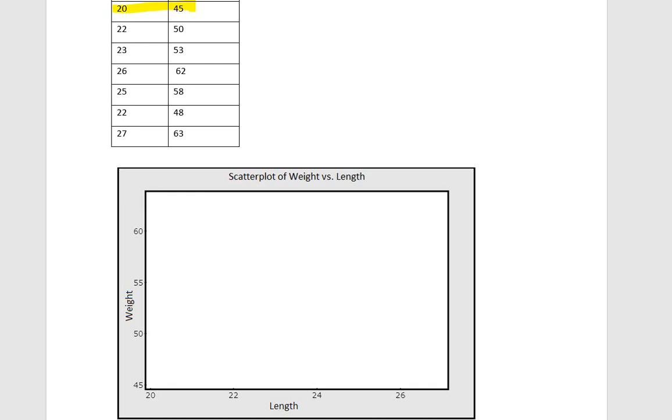These points are going to plot just like they would on an XY plane or in any other math class. So the length is going to be our X and our weight is going to be our Y. For the first one, which is 20 centimeters and 45 grams, that would be right here. 22, 50, that would be the point right here. 23, 53 would be up here. 26, 62 would be here, there. 25, 58, somewhere about there.